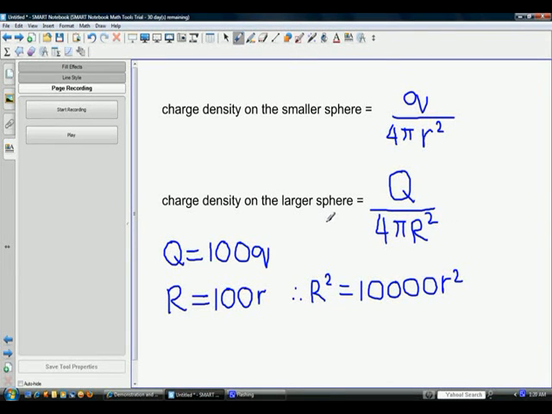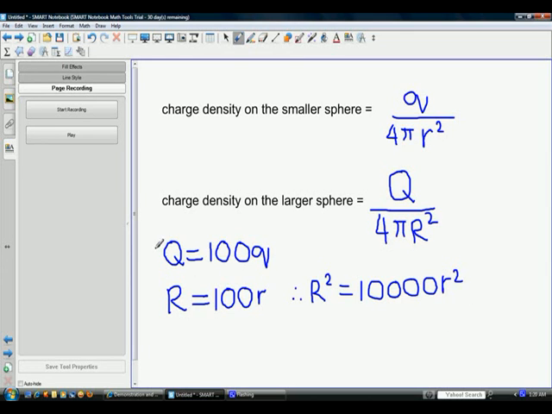Now when the two spheres were connected, big Q was equal to 100 times small q, and we had big R is equal to 100 times small r. Squaring both sides, we get big R squared is equal to 10,000 times small r squared.